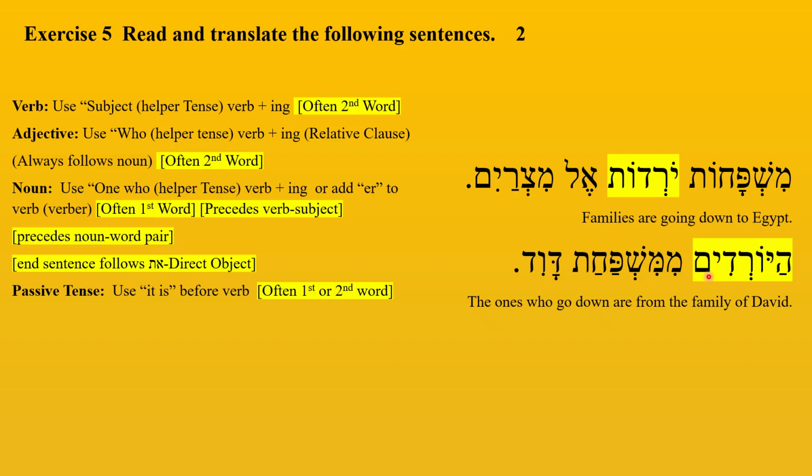So the ones, as it's plural, the ones who are going down from the family of David. And that works. So this is your subject, the ones who are going down. I think I missed this, but because this is a complete sentence, you've got to have a verb. The ones who are going down are from the family of David.